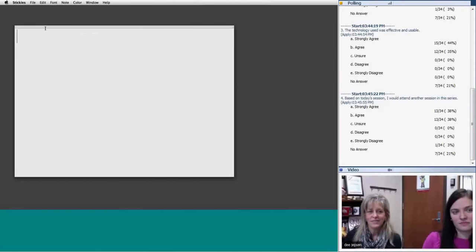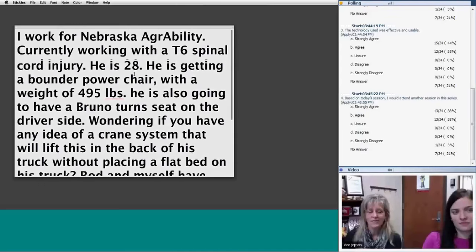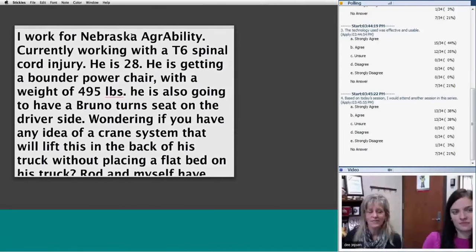Okay, this next question is a long one, so I'm going to have to scroll. I work for Nebraska AgrAbility, currently working with a T6 spinal cord injury client. He is 28. He is getting a Bounder power chair with a weight of 495 pounds. He is also going to have a Bruno turn seat on the driver's side.